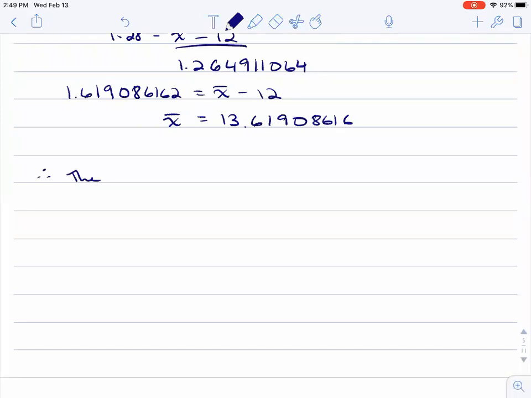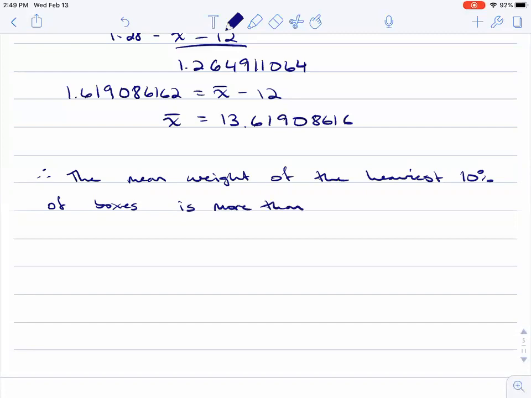Therefore, the mean weight of the heaviest 10% of boxes is more than, I'll do 13.62 kilos.